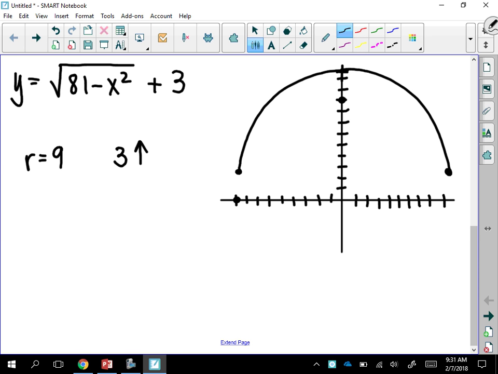Sometimes students want to connect right here. Why can't I do that? It's not part of the graph, and it wouldn't be a function, right? Because now you're telling me there are points along this line. There are no points along that line, okay? So we don't want to do that. We just want to leave it as that semicircle, just that half of a circle, okay?